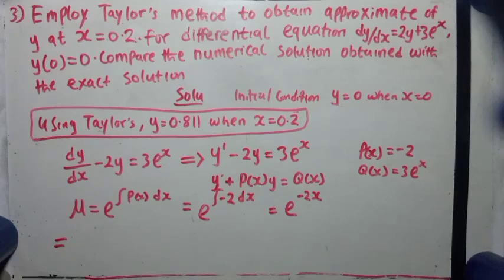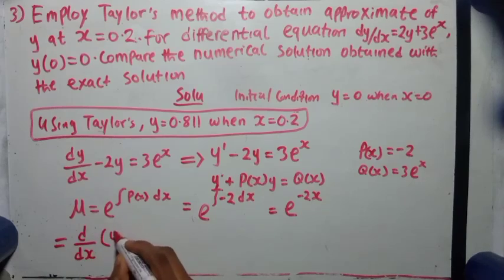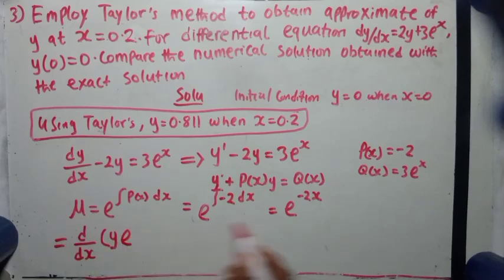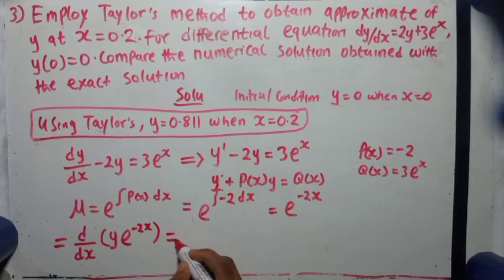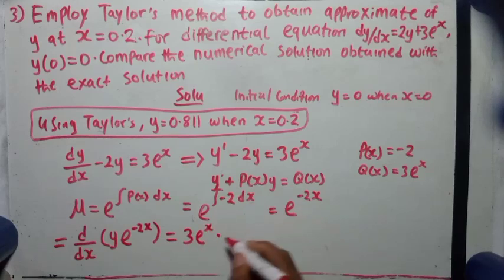But for us not to get confused there, we will simply write d/dx in brackets y. These are what? Constants. Then you multiply it by your what? Integrating factor. Now this will equal your q of x, which is your 3 exponential raised to the power x multiplied by the integrating factor.